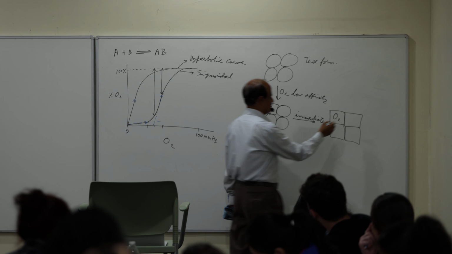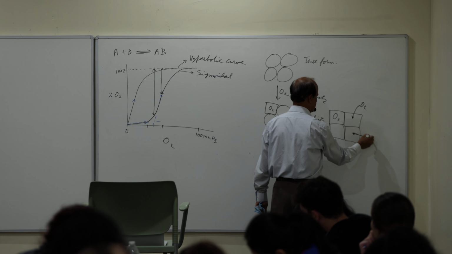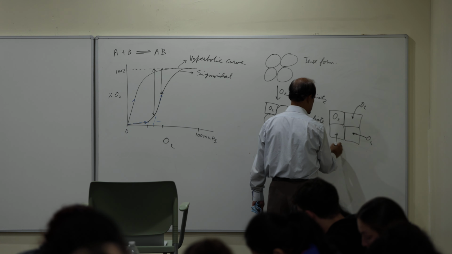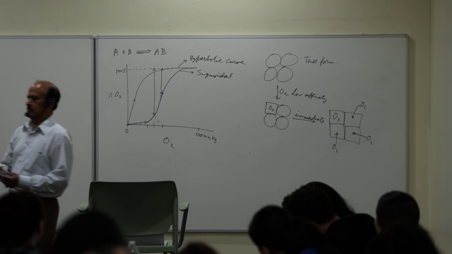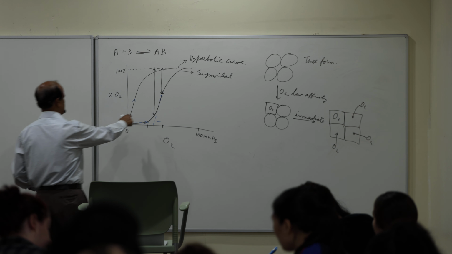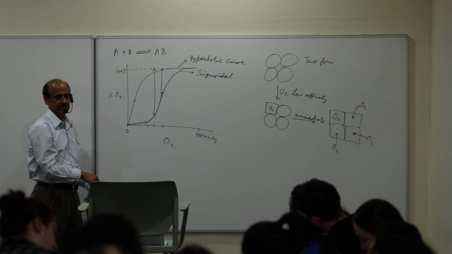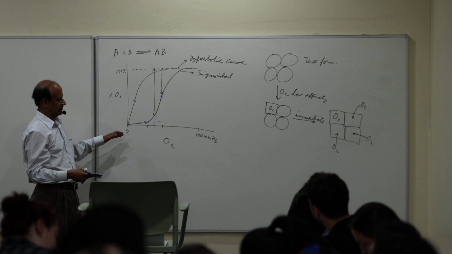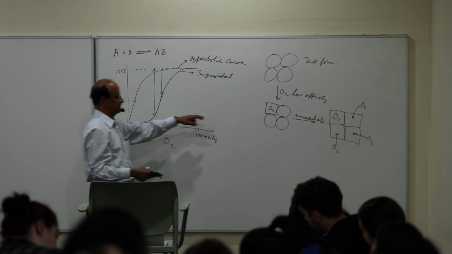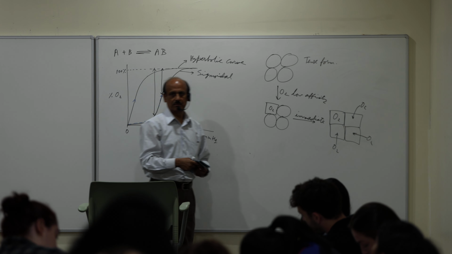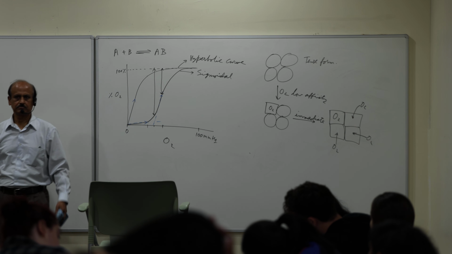And so these bind oxygen with much greater affinity. So that is this part of the curve here, where one oxygen bound to one of the subunits increases the affinity of all the other subunits to the high affinity form, so that they all bind oxygen immediately, and that's why the curve increases rapidly here.